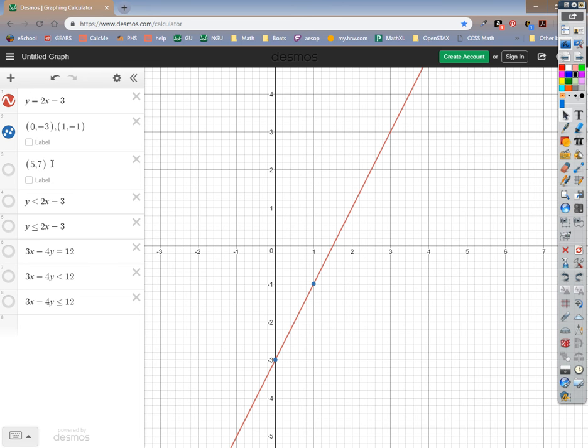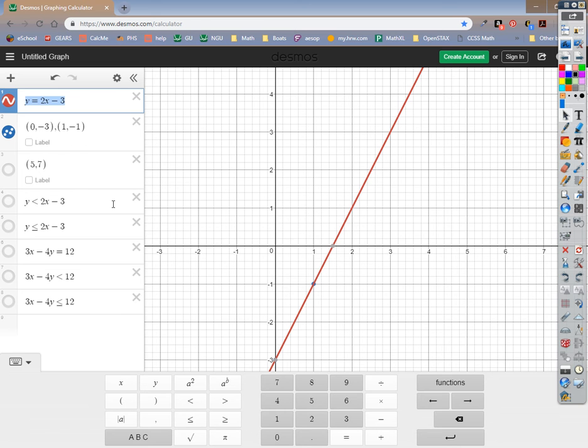The point 5, 7. There's my equation right there. Is the point 5, 7 going to be a point on the line or not? Hearing some yeses. How come? You're right. It is going to be on the line. How do I know? Without actually graphing it, how do I know?